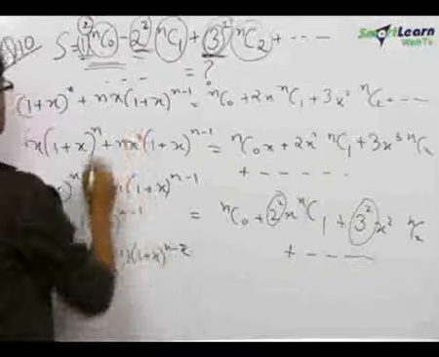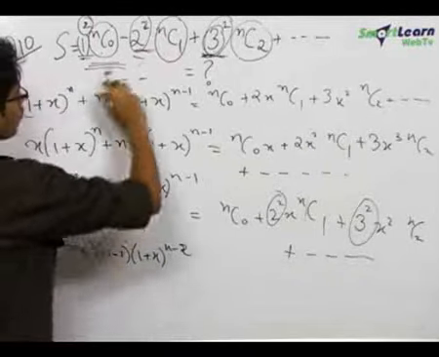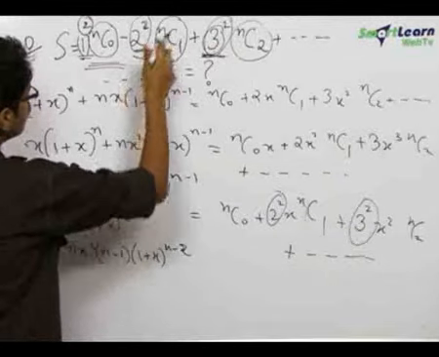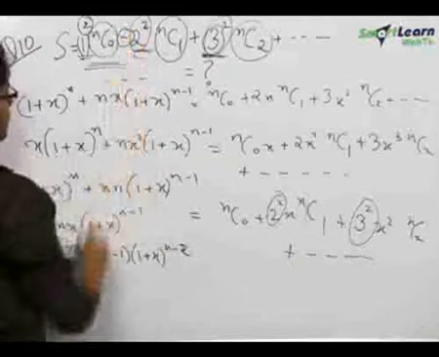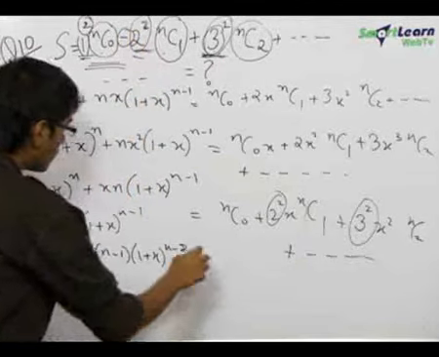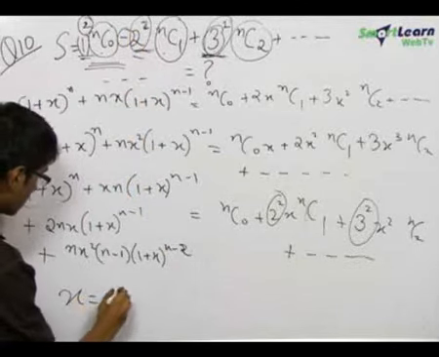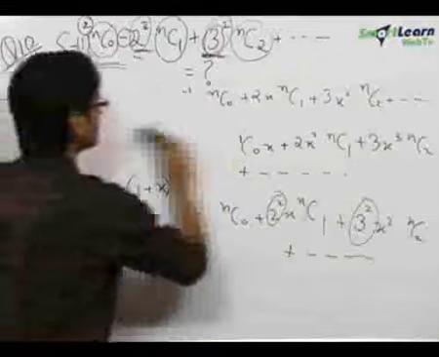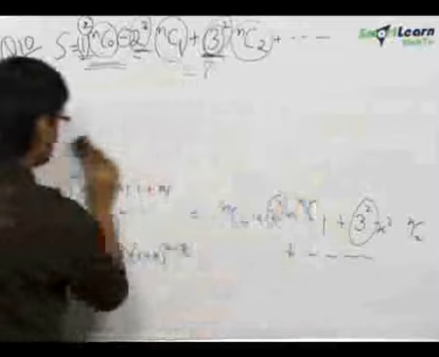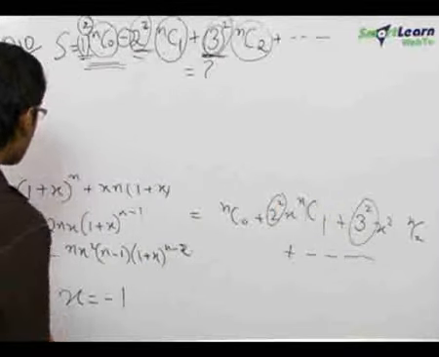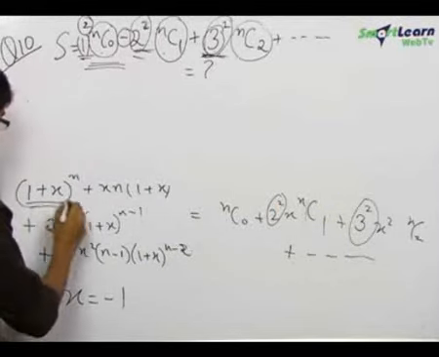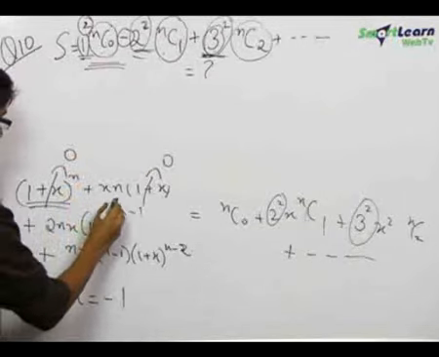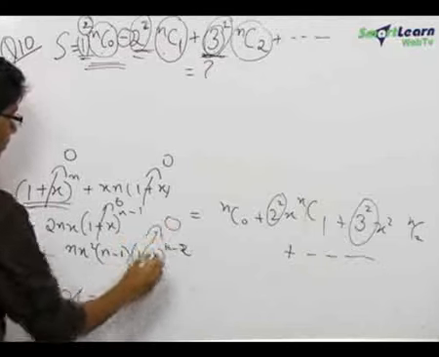Now in the given expression which we required to prove, there was no term of x, and the sign in front of 2 square into nC1 was a negative sign. So if we put x equals -1, we can get the desired result. Putting x equals -1, in the LHS, this is gone, this is gone, this is gone, and this is also gone.